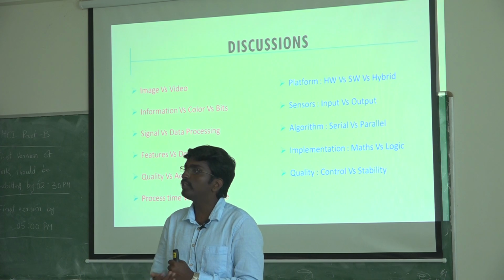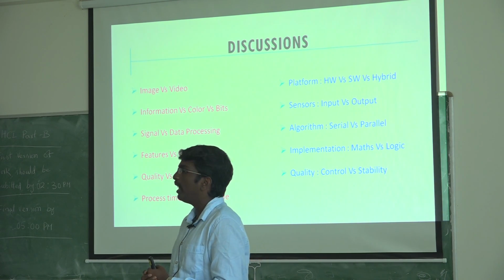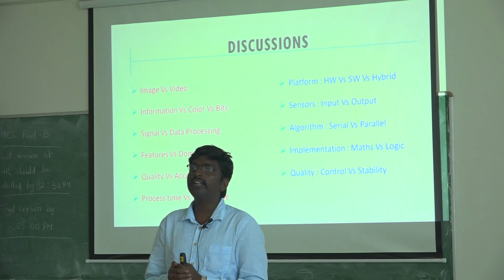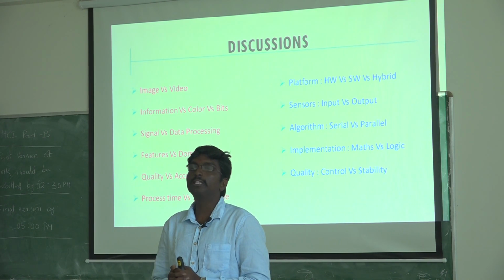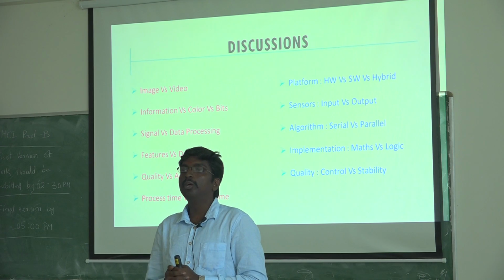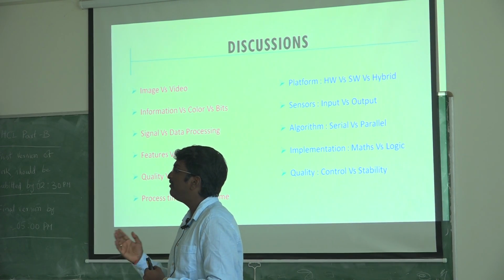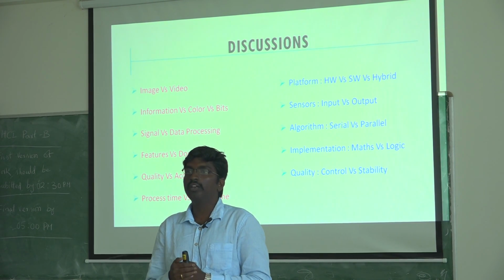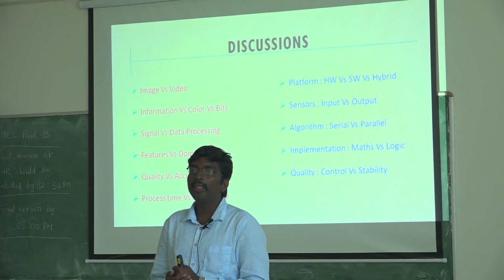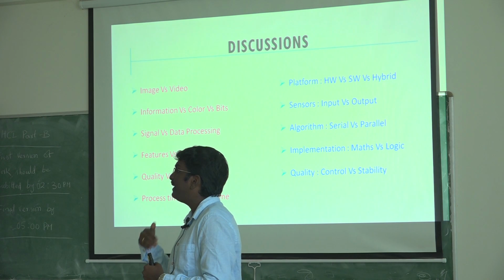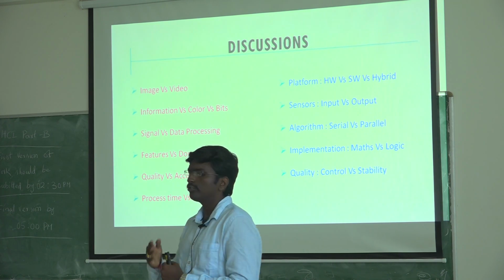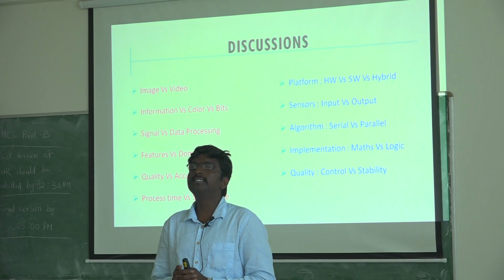Why I need to go to some other domain, or why I need to process, I need to understand. There it will define your quality or accuracy, and the processing time and the signal time. This is something like, between your input and the output, what we call throughput or delay. So at what rate we are receiving an input and at what rate I am able to produce output. That is my processing time versus signal time.